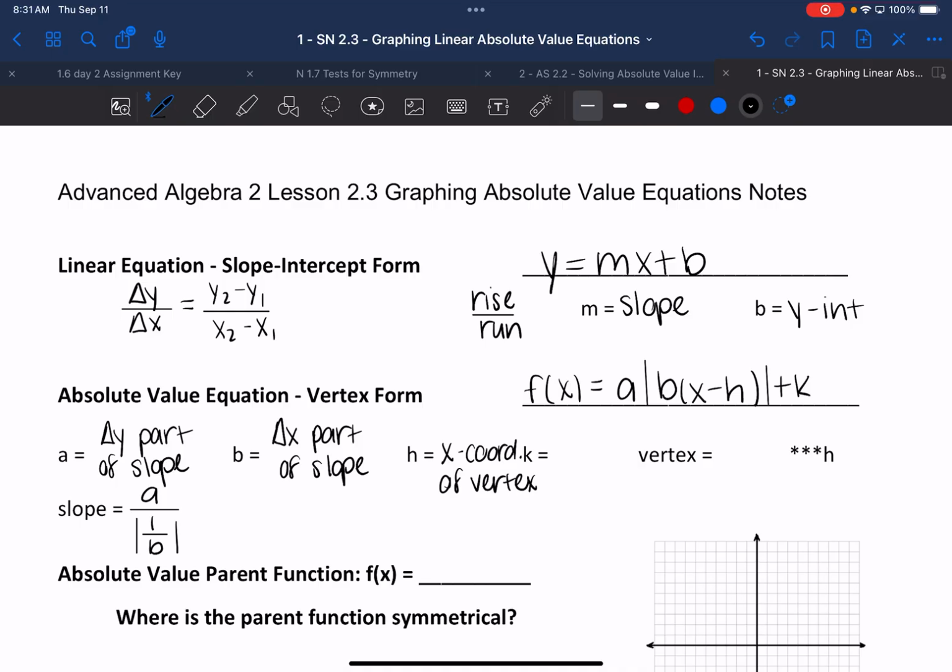And your k, which moves things up and down, is going to be the y coordinate of your vertex. Therefore, your coordinate for your vertex should just be the coordinate point HK.